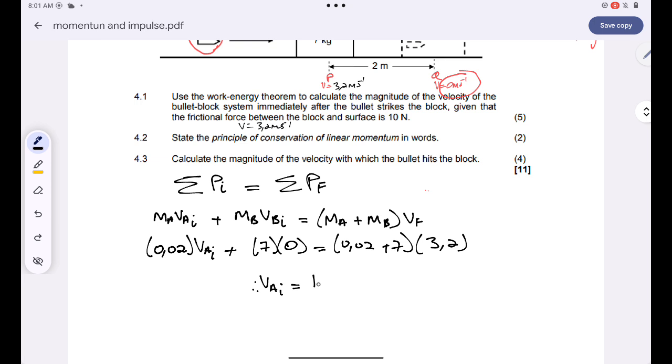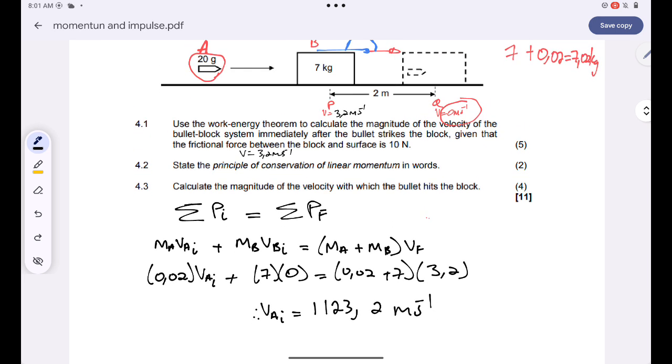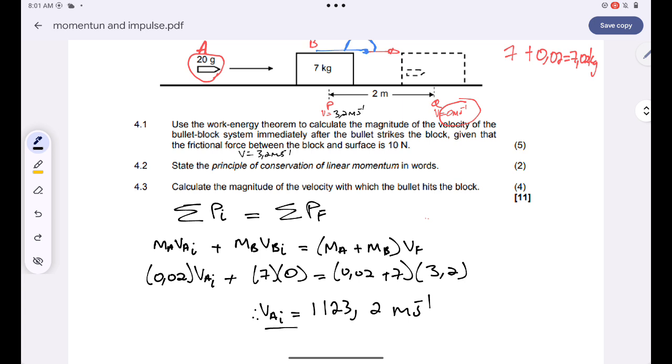Okay, I still get 1123.2 meters per second. So the bullet was traveling at a speed of 1123.2 meters per second.